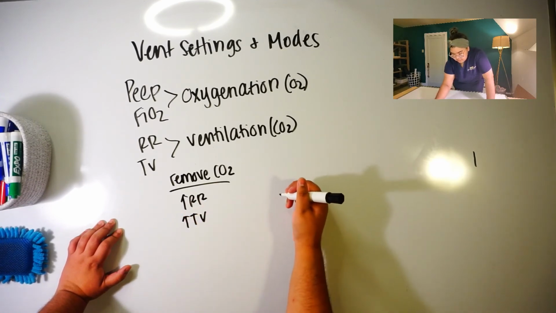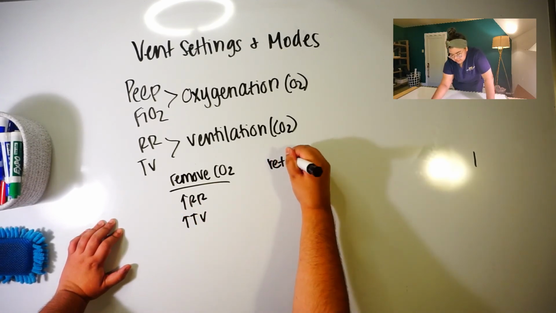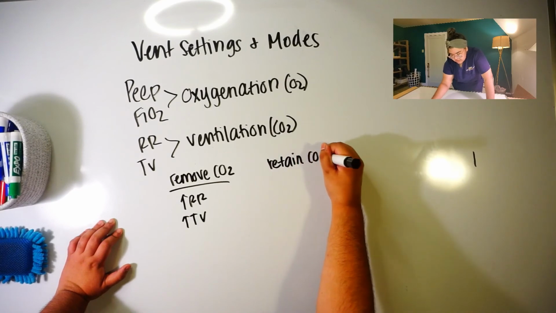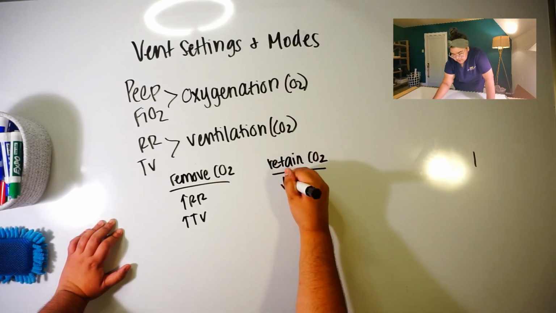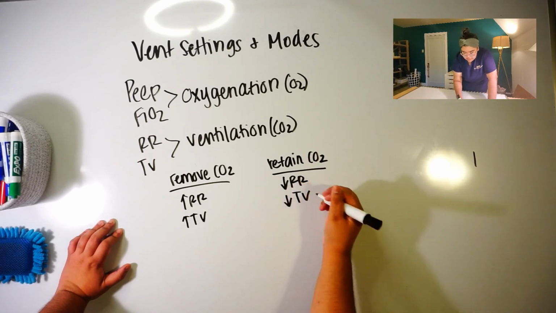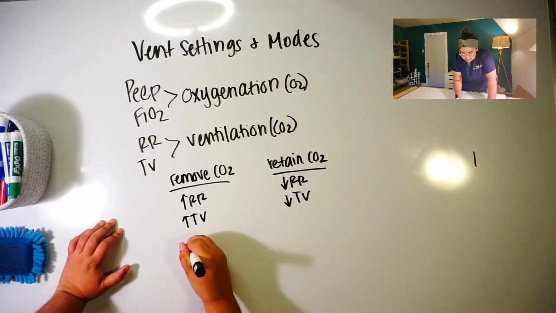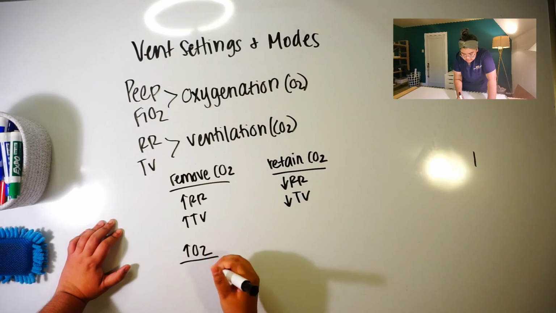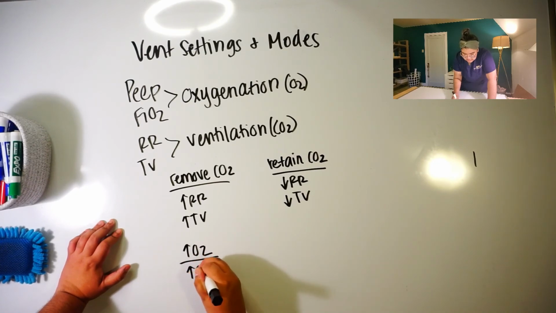If you want to retain CO2, you got to decrease respiratory rate and you got to decrease tidal volume. If you want to increase O2, you can increase the FiO2 and or increase the PEEP.